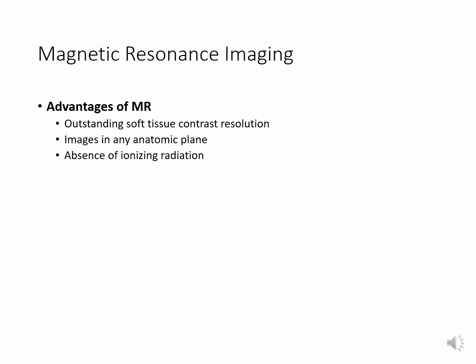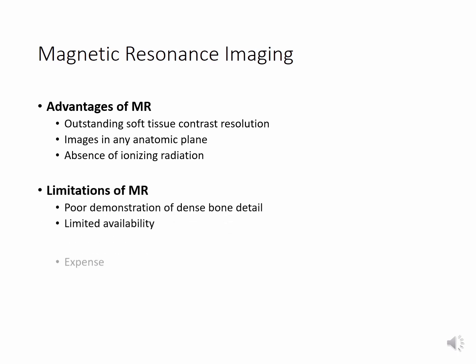MR, however, is limited in its ability to demonstrate dense bone detail or calcifications, has long imaging times for many pulse sequences, limited spatial resolution compared with CT, limited availability in some geographic areas, and of course, it is expensive. Because of the physically confining space for the patient within the magnet, a number of patients experience symptoms of claustrophobia and they require sedation or simply are unable to tolerate MR scanning.